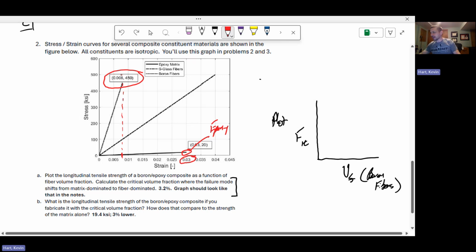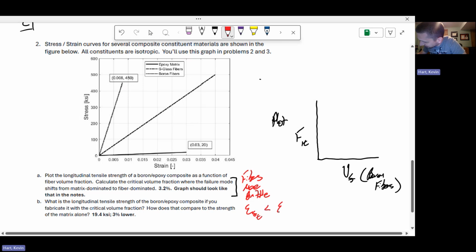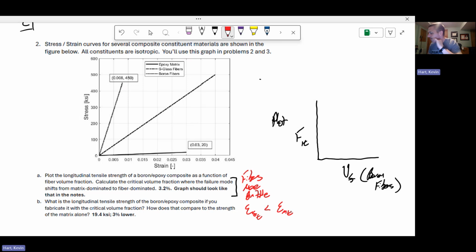So in this particular case, we have that the fibers are more brittle than the matrix, right? So in this situation, fiber is more brittle, since the strain to failure of the fibers in tension is less than the strain to failure of the matrix in tension, right? That's generally how we label these things.